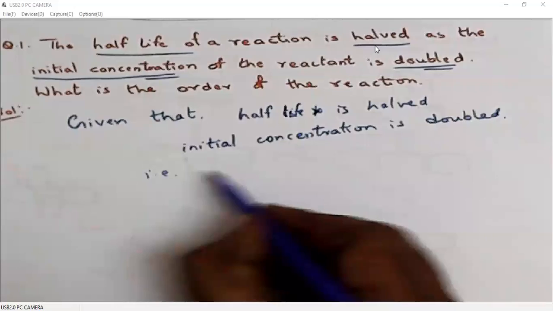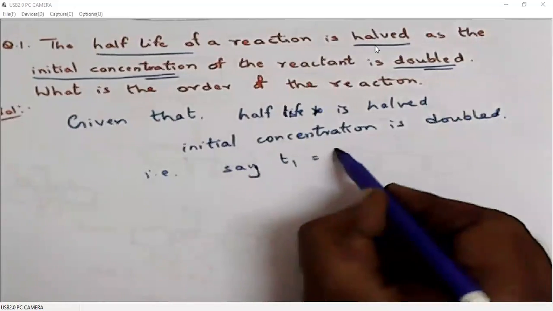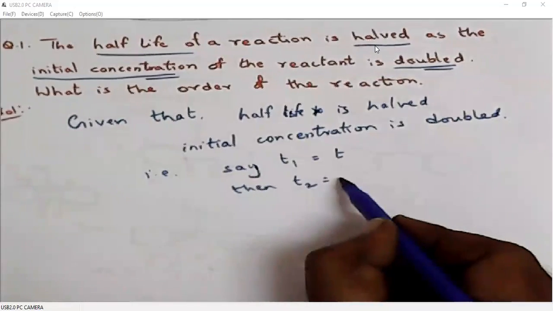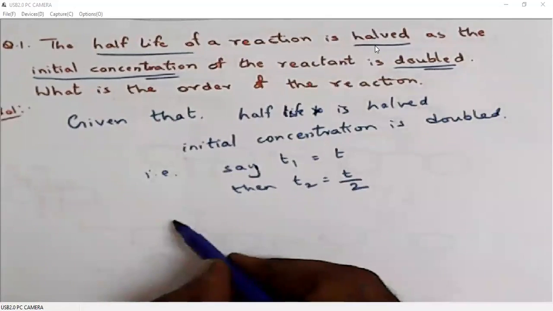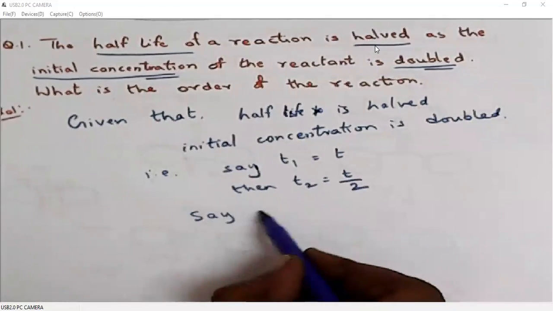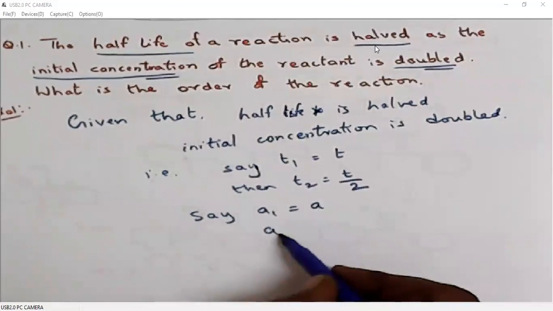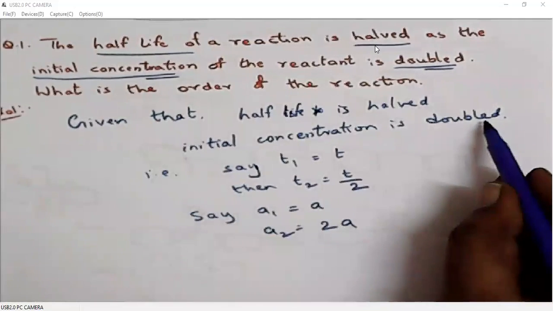Say the half-life of the first reaction is T, then the half-life of the second reaction is half of T because it is halved. Now say the initial concentration of the first reaction is A, and the initial concentration of the second reaction is 2A because it is doubled.